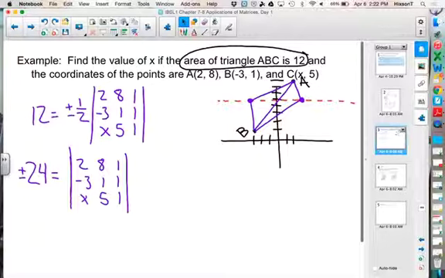And you're going to get the two answers because you have that plus or minus 24 now. Okay? So you take it from there. See if you can't solve for x. Use one of your methods for finding the determinant. Try to solve for x.